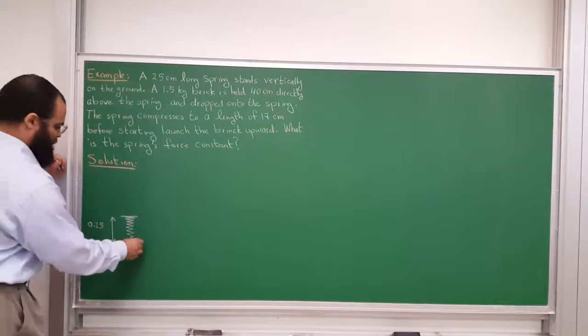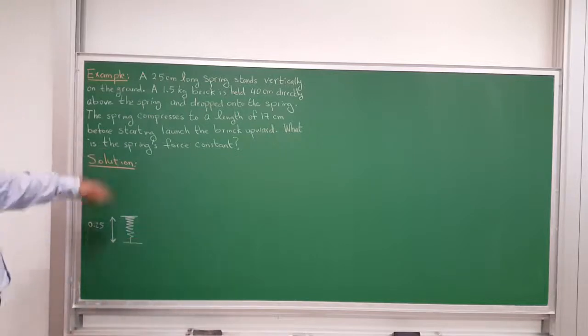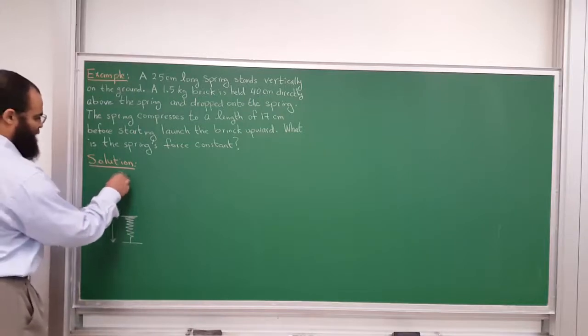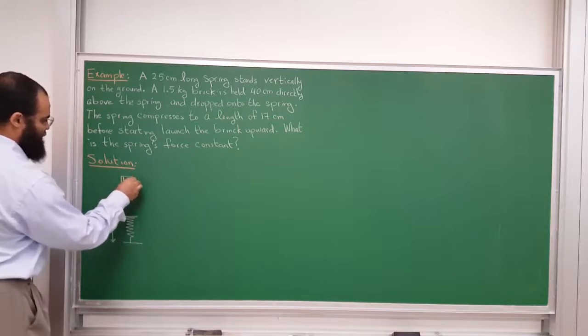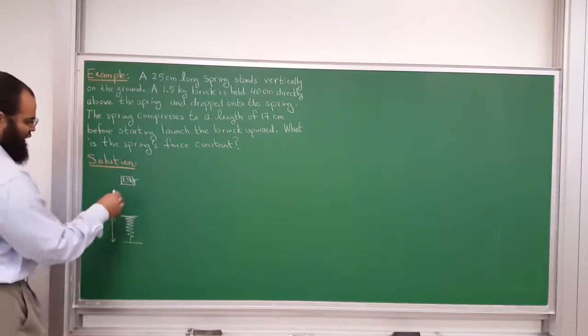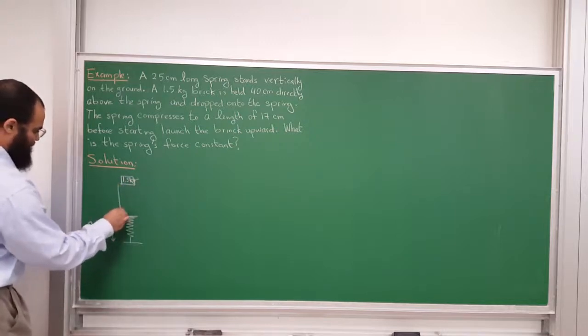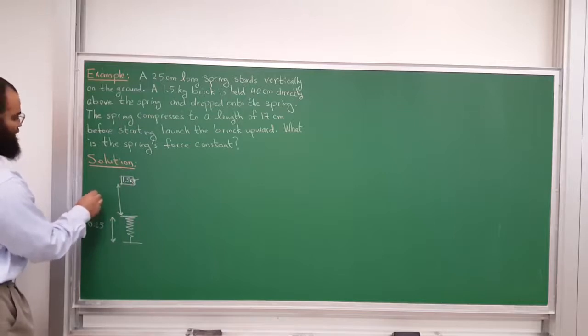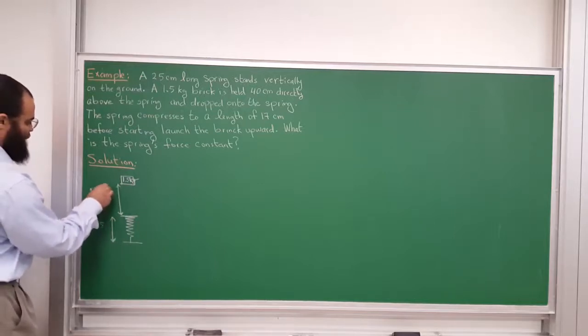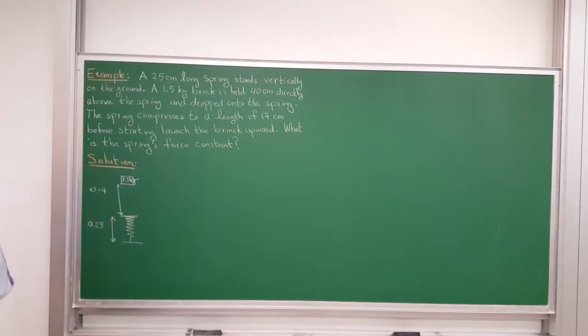It stands vertically on the ground, and then a 1.5 kilogram brick is held 40 centimeters directly above the spring. So here is a brick. It is 1.5 kilograms, and it is at a height of 40 centimeters above, so 0.4 meters. Okay, sounds good.